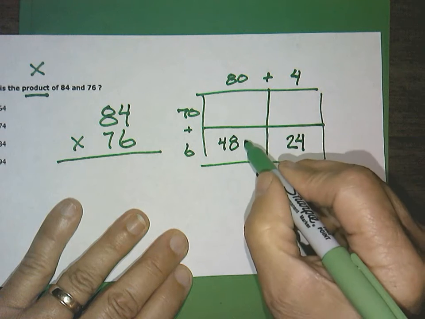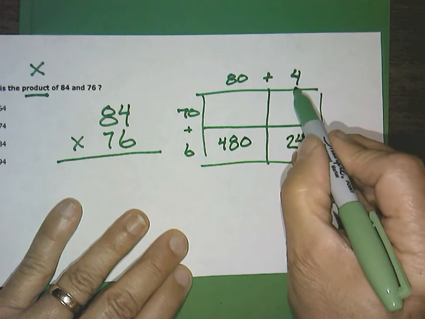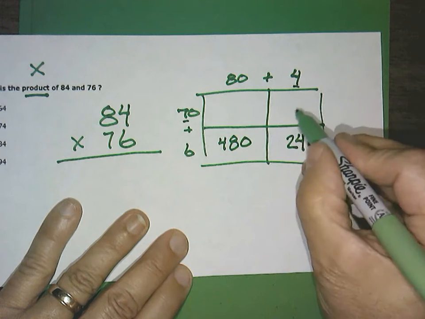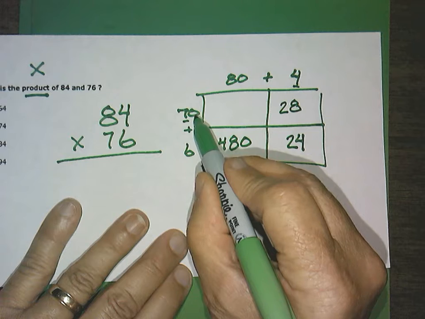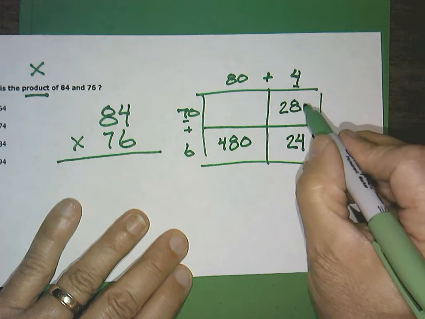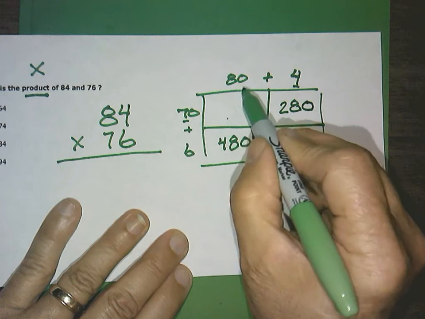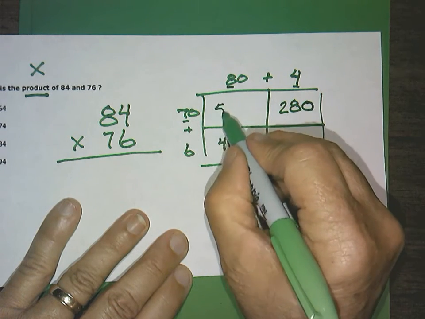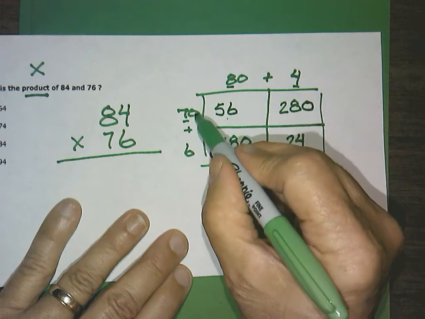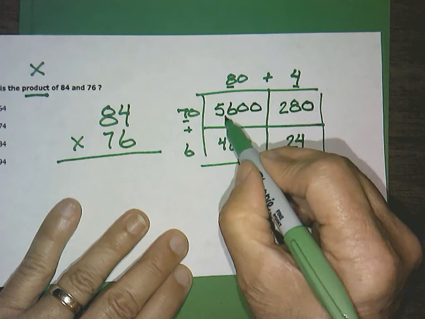Count your zeros, 1, and write your zeros. 70 multiplied by 4. Well, I can go 7 times 4 would be 28. In this case, count your zeros, 1, and write your zeros, 1. And finally, 70 times 80, or in other words, 7 times 8, well, that's 56. And then count your zeros, 1, 2, and write your zeros, 1, 2.